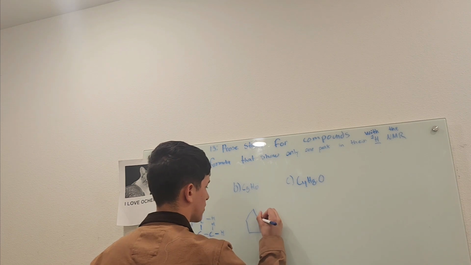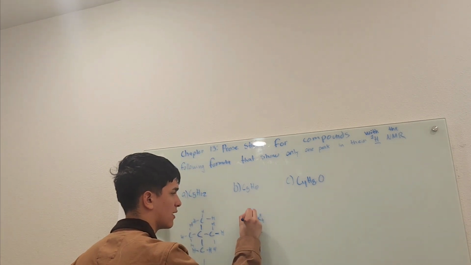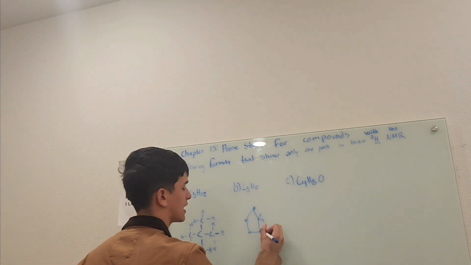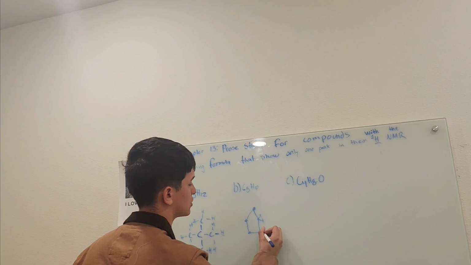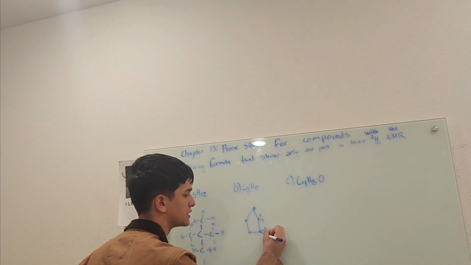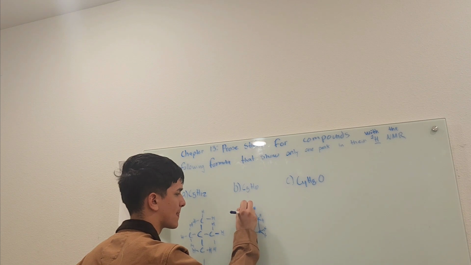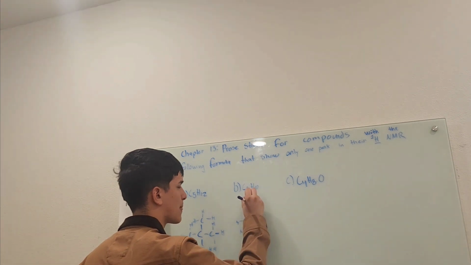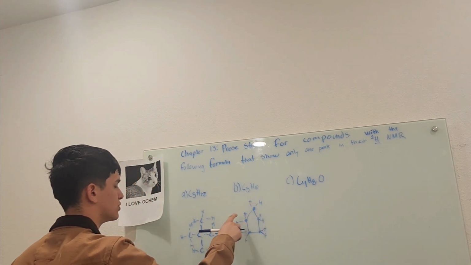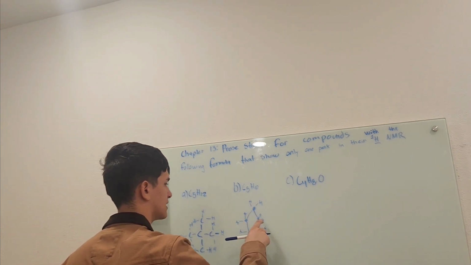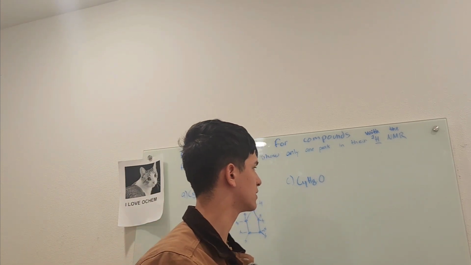Because every one of these is an implied carbon, and carbons want to have 4 bonds in total. So you want to have 1, 2, 3, 4, 5, 6, 7, 8, 9, 10. These are hit and miss. So now let's try this one.